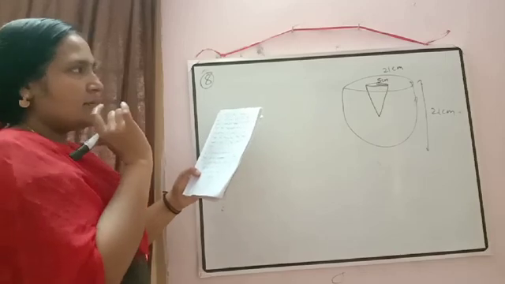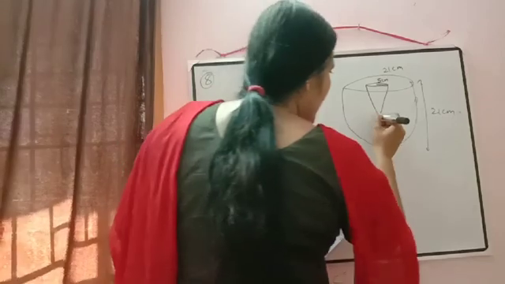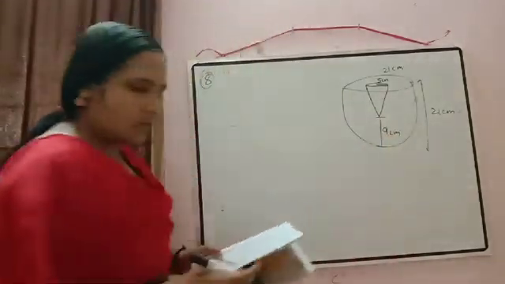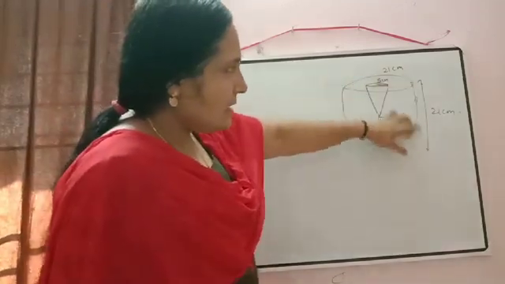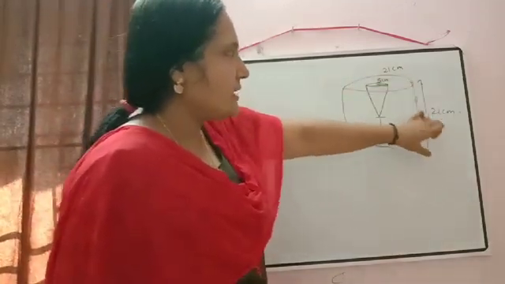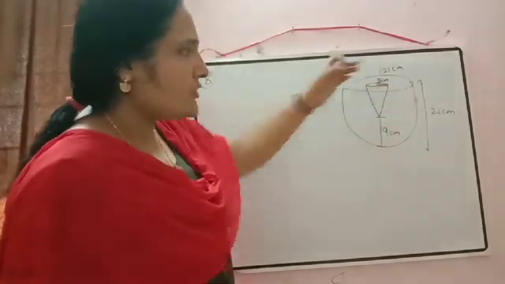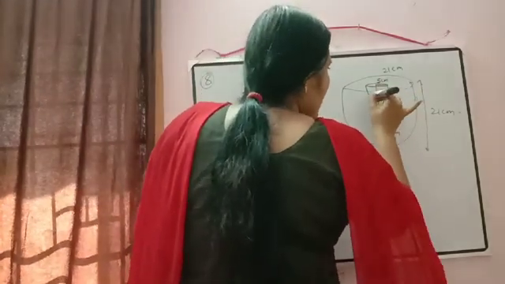And height we don't know. So just to check here, till here the height is given in the diagram as 9 centimeter. So what will be the height of the cone? Yes, total radius of the hemisphere is 21 centimeter. So height of the cone will be equal to 21 minus 9, which will be equal to 12.